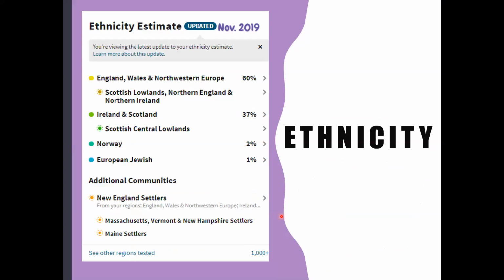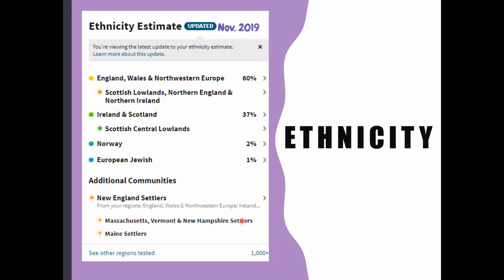Here is a closer look within this. So it's saying that by combining the DNA and the family trees that they have, New England settlers, which is my mother's family, were all here practically by 1650 in Massachusetts.